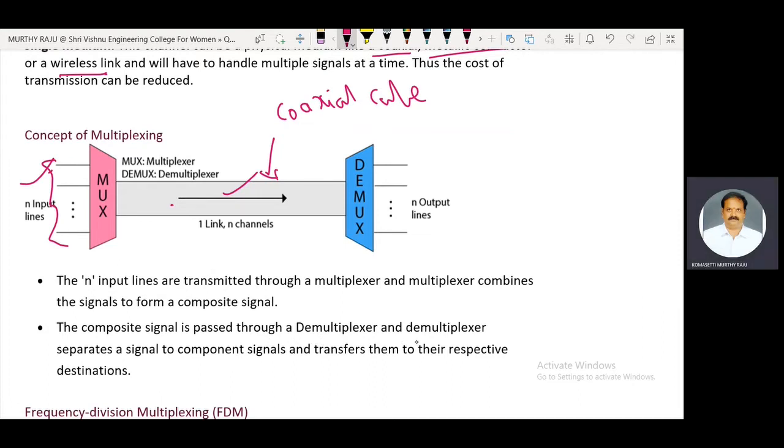A demultiplexer separates the signal into component signals and transfers them to their respective destinations. The composite signal reaches the demultiplexer, which extracts the original output lines, whatever the input lines were.